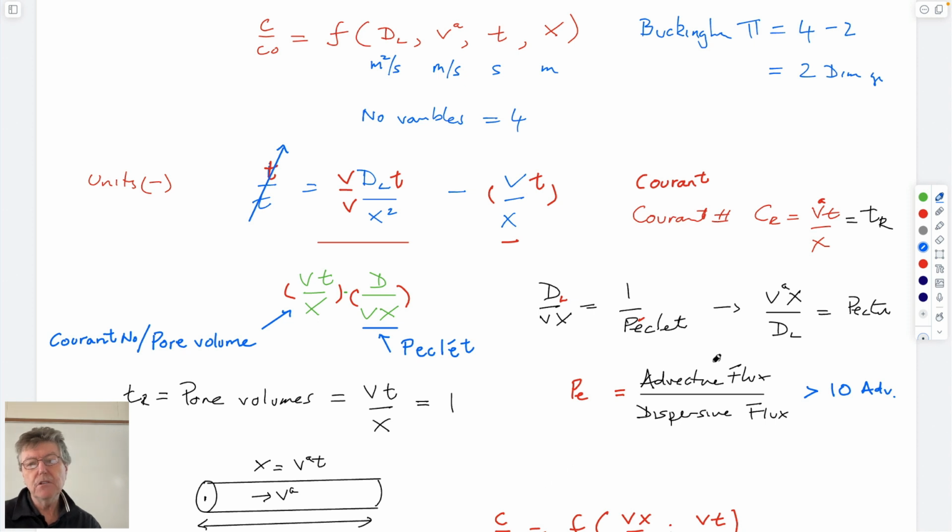And the Courant number, actually we won't use it so much in what we do, but the Courant number is actually used to define the time step that you might want to use to solve your equations using a numerical model. The idea is that a Courant number of 1 means that you've gone from the upstream to the downstream exactly 1 pore volume.